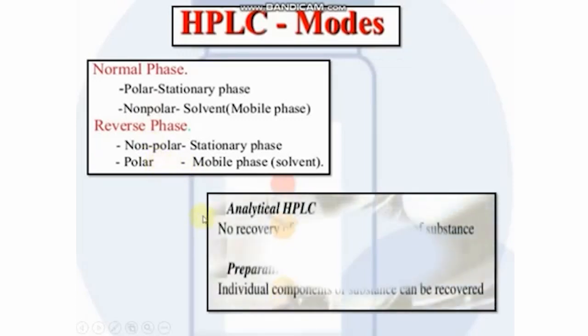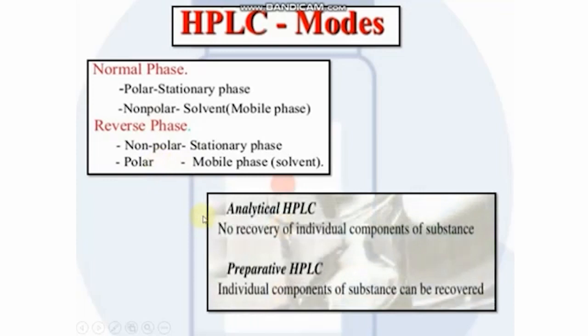Then based on the operation, HPLC is classified into two: analytical HPLC and preparative HPLC. In analytical HPLC, there is no recovery of individual components of the substance, and in preparative HPLC, individual components of the substance can be recovered.